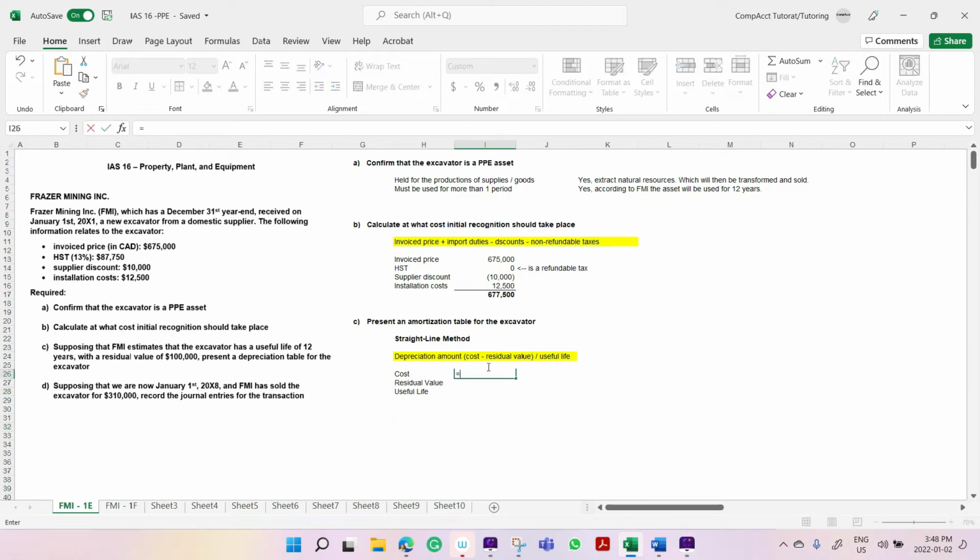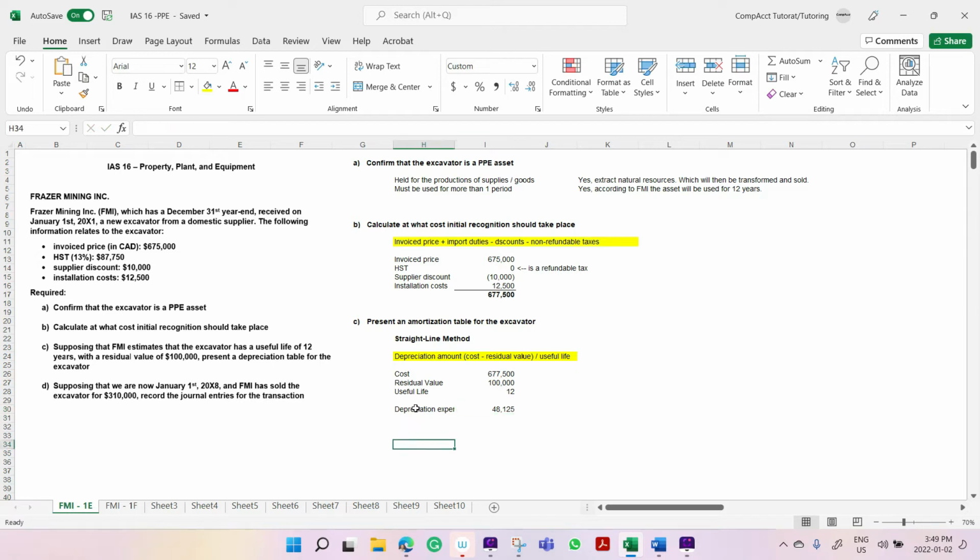Our cost, we said, is 677,500. Our residual value, according to the problem, is 100,000. And our useful life is 12 years. So our yearly depreciation expense is going to be the cost minus the residual value, divided by the useful life.